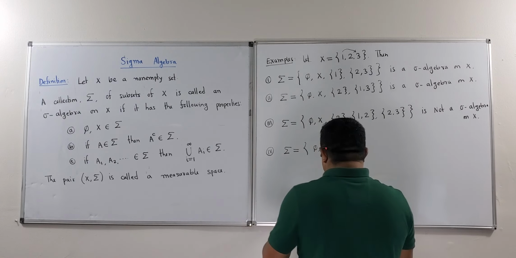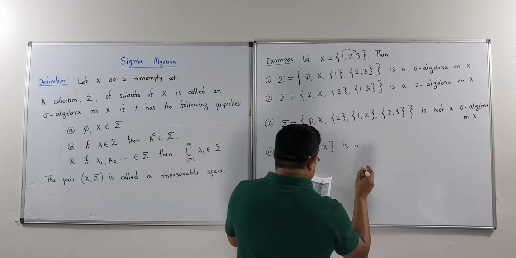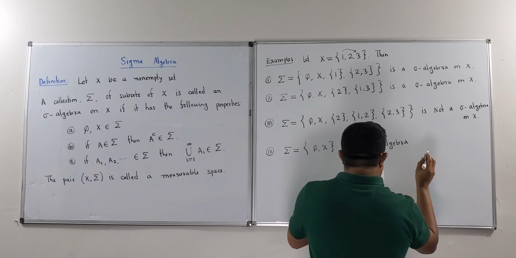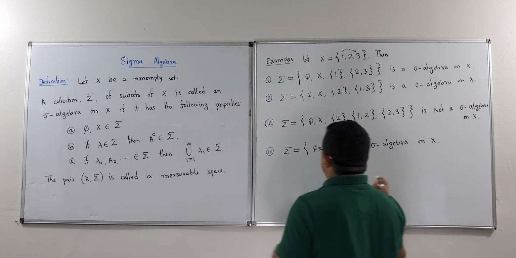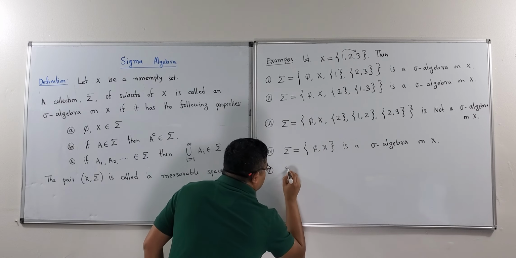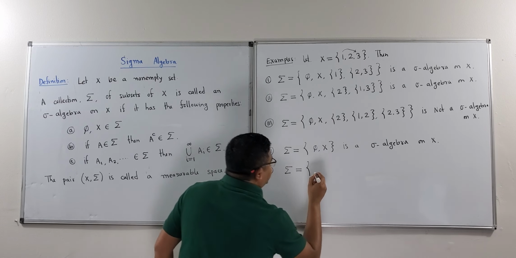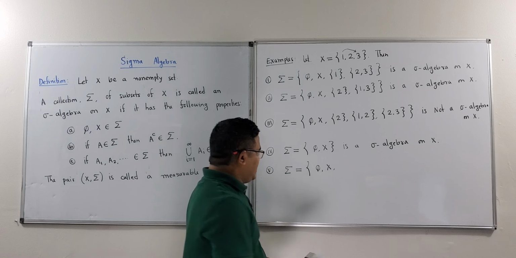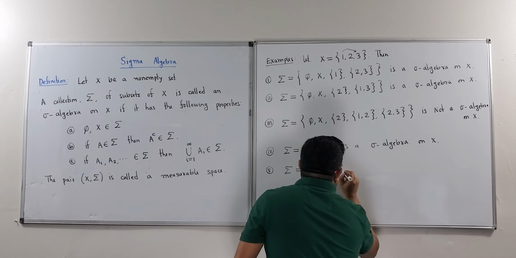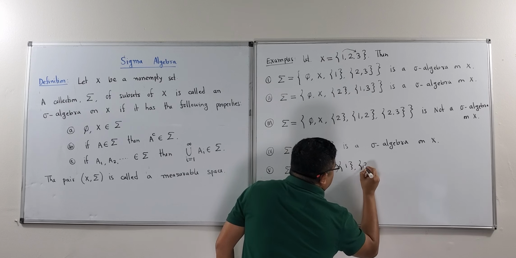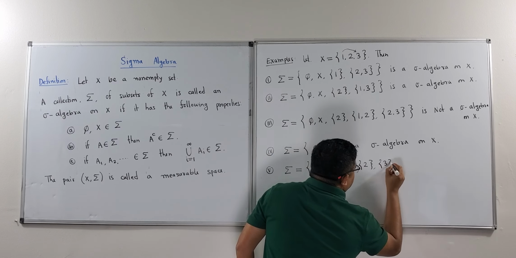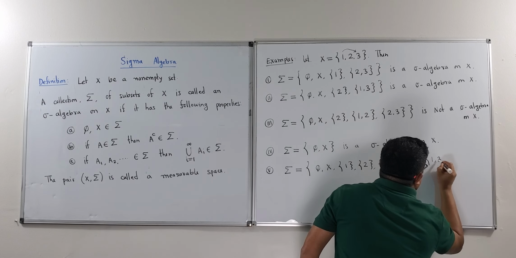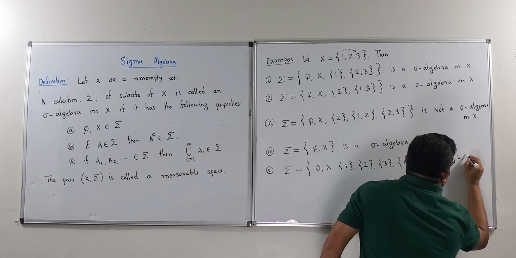Also the power set of X is a sigma algebra. The power set of X is the empty set, X, then {1}, {2}, {3}, then {1, 2}, {1, 3}, and finally {2, 3}.